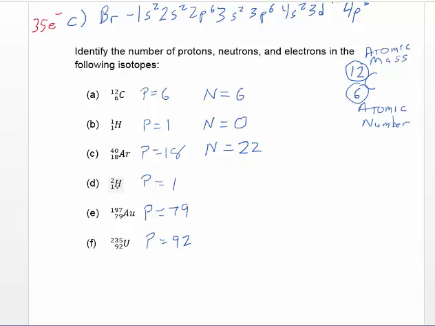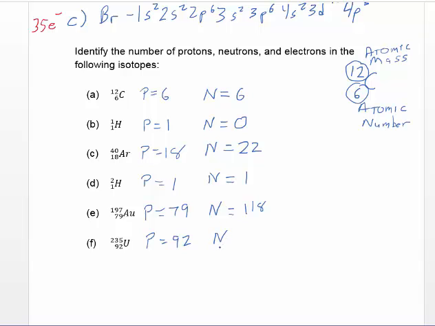For deuterium, heavier hydrogen, we take the 2 atomic mass minus the 1 and find out that that has 1 neutron. That's how it differs from ordinary hydrogen. Getting up to a little bit heavier elements here, we're going to see the number of neutrons increasing drastically. For gold, we have 197 minus 79, and that would give us 118 neutrons.